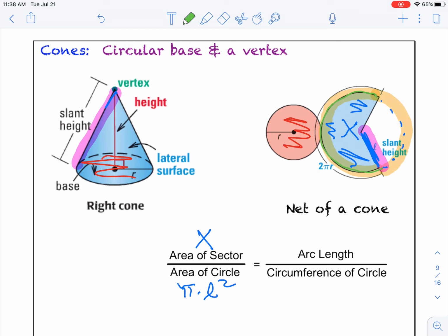And remember, that is the circumference of this whole entire base, which is 2 pi r. And then the circumference of the whole circle would be 2 pi L.